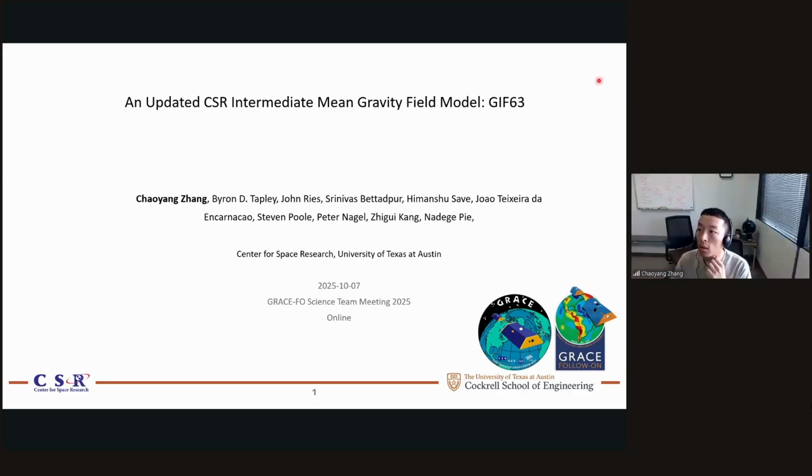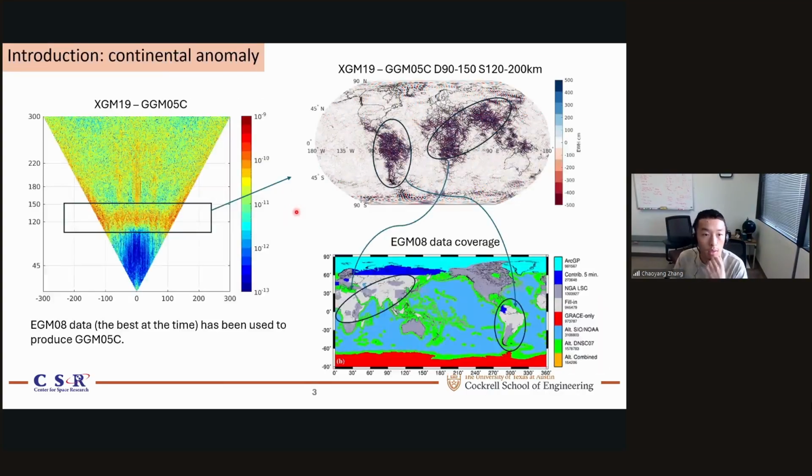Okay. Yeah, thank you. So today I'm going to talk about our new updated mean gravity field model, GIF63. As many of you probably know, we have an anomaly at this band of GGM05C, roughly degrees 90 to 150. If we project that into the spatial domain, you can see those continent-wide anomalies in those places.